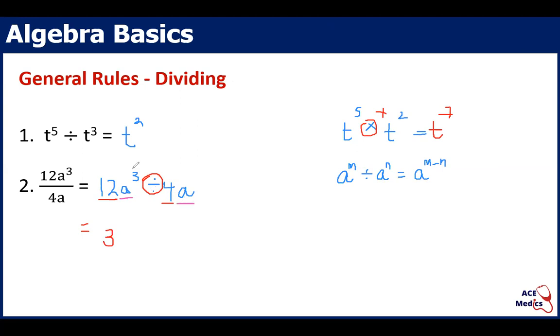Now we've got a cubed divided by a to the power of 1. Remember, we need to take away. We're going to have a squared. So 3a squared. Does that make sense to everyone?